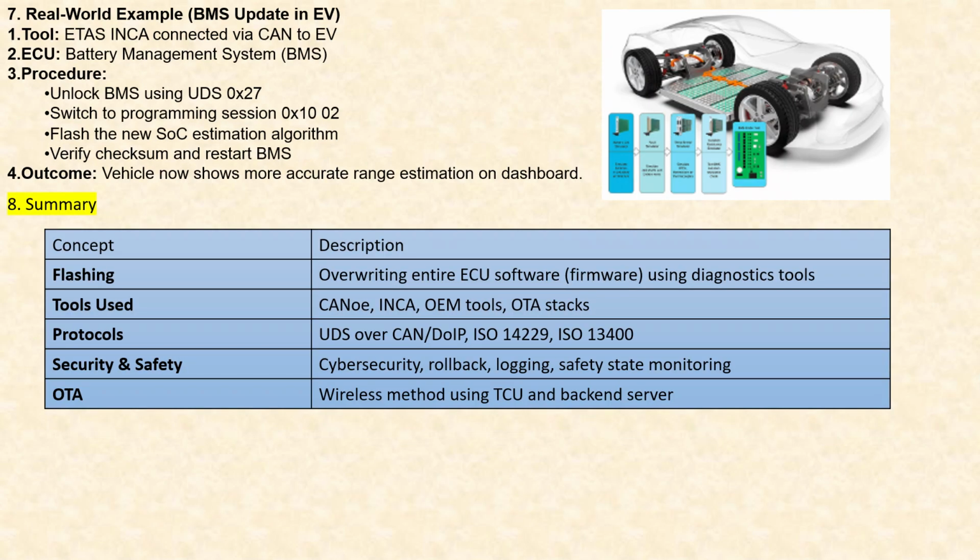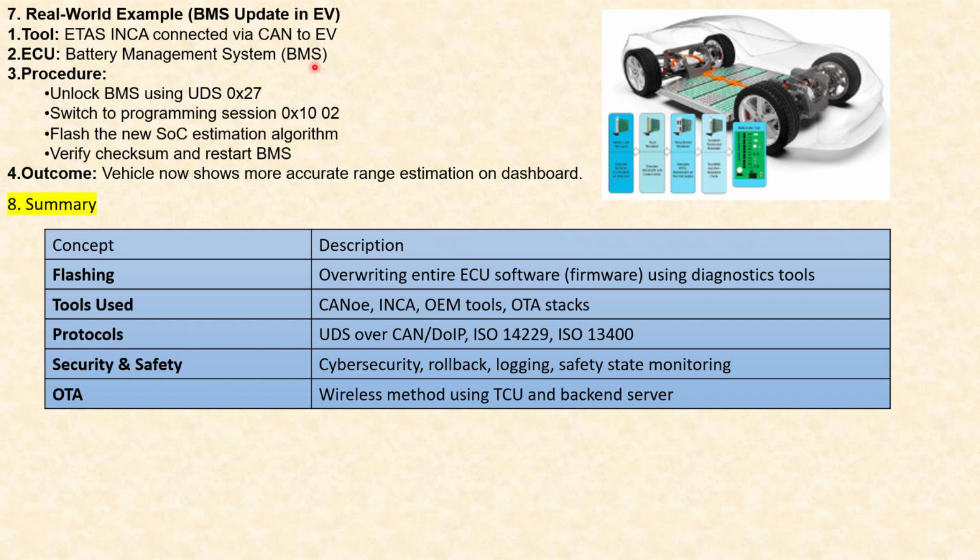Now talking about a real-world example, ETAS INCA connected via CAN to the EV. All right, this is a very common real-world example. INCA is calibration software and it is connected via CAN to the electric vehicle, and also the battery management system, BMS.